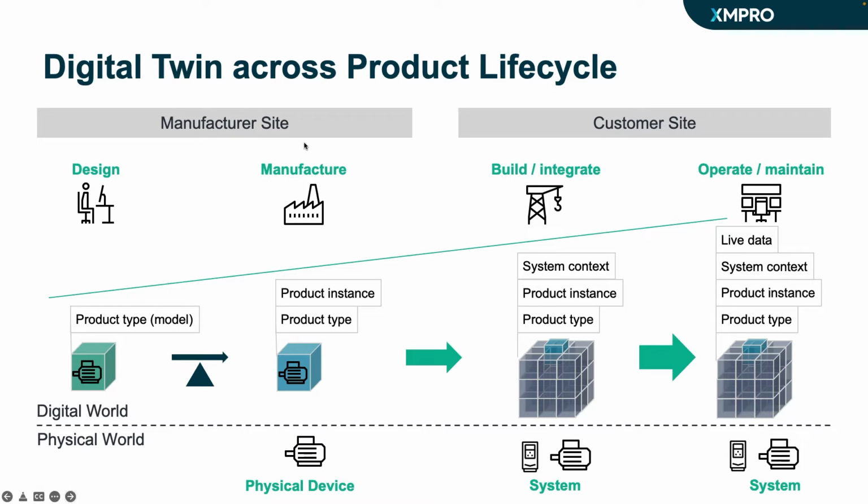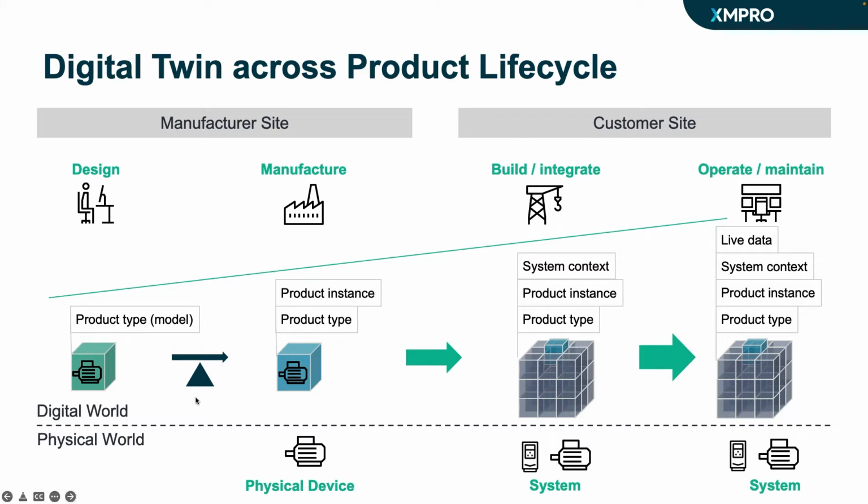If you look at a product life cycle, again, let's take that pump or a motor or any entity, and this could be a supply chain or something like that as well, which falls under more the process type of digital twins. But if we look at that pump or motor, when we just have a model, we still don't have a twin. We have got a digital twin template or digital twin prototype, but it's not necessarily a digital twin.